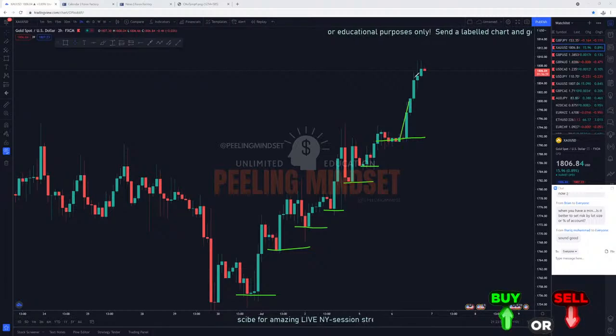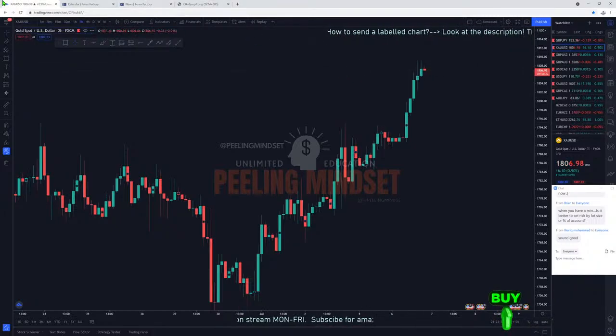So for the price to push up even higher, it has to make another higher low or another support. So maybe that's the case right now. Maybe that's why the price is retracing down a little bit. So let's see what's going to happen.